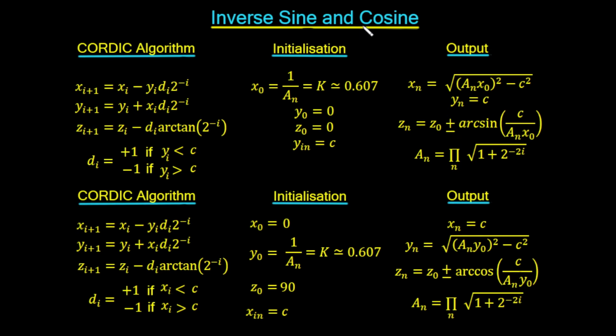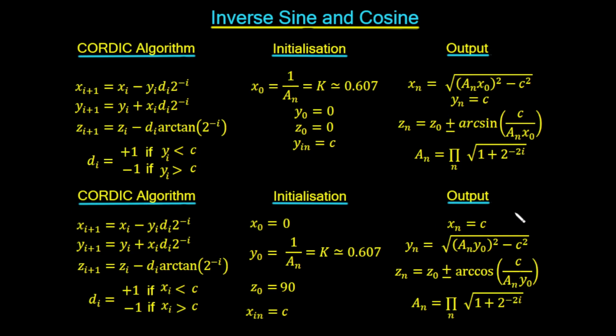Now you'll notice there are some slight differences here, because whenever we generate the cosine, which is this lot here, the actual CORDIC algorithm changes a little bit because we're going to be comparing not the y values but the x values. So there's a slight change in the CORDIC algorithm from the sine to the cosine.